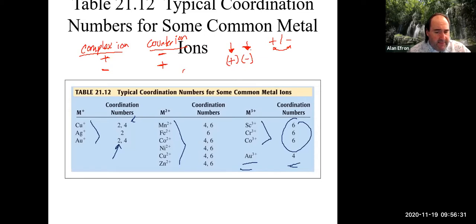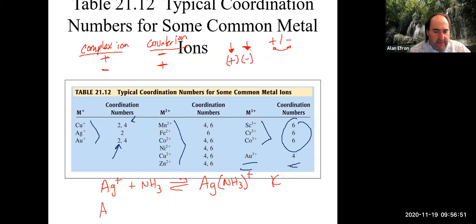So if you had something like silver, the first thing that would happen is we'll attach one of these ligands. And again, that could have a K value associated with that.